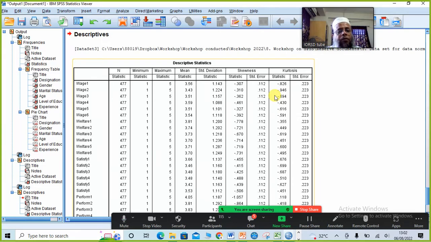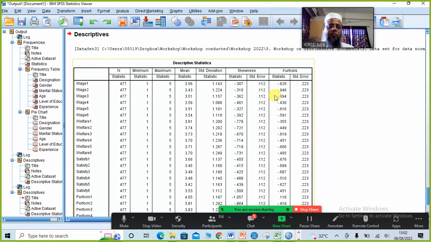Doctor, I want to add something more. As a general rule of thumb here in Pakistan, if skewness is less than -1 or greater than 1, we conclude that the distribution is highly skewed. If skewness is between -1 and -0.5 or between 0.5 and 1, the distribution is moderately skewed.